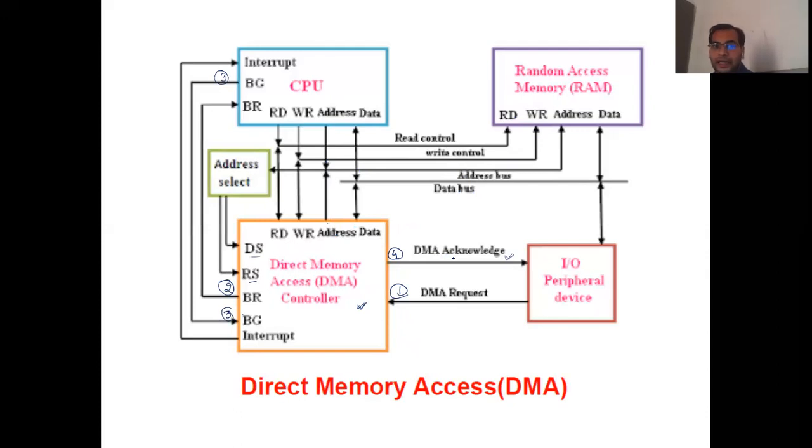Once the entire data has been transferred, the DMA will send an interrupt signal to the CPU to make it aware that I have transferred the data. Now you can take the control of the buses from me and do your work as usual. This is how the entire DMA process works.